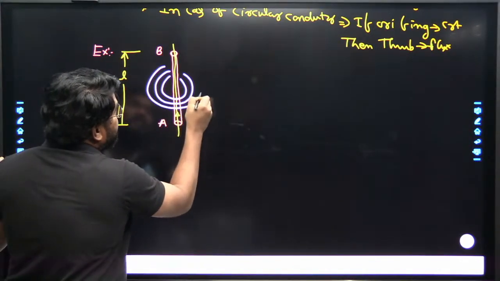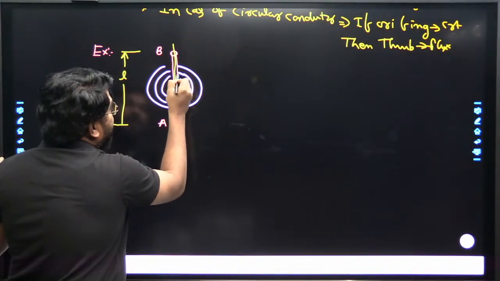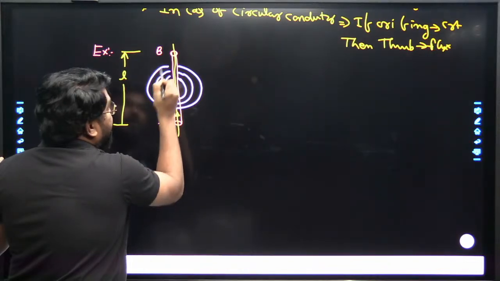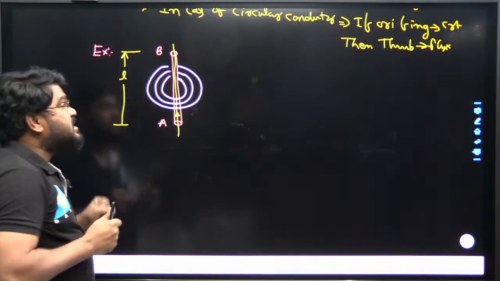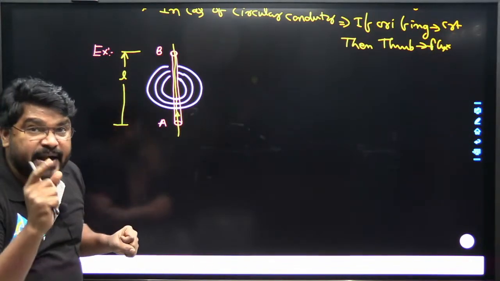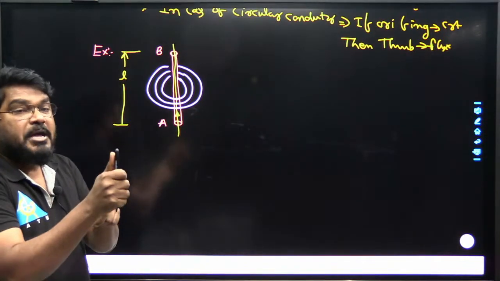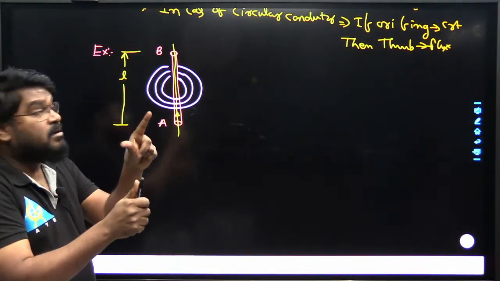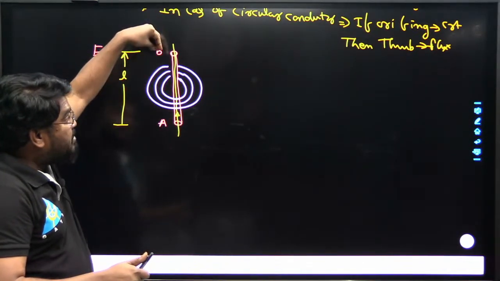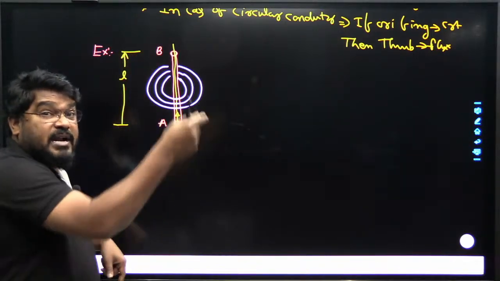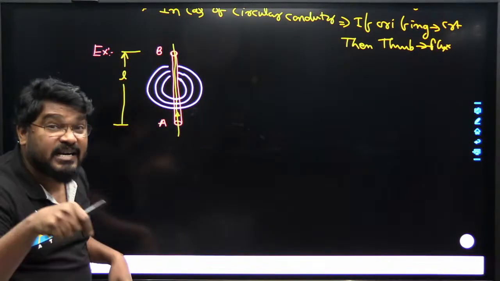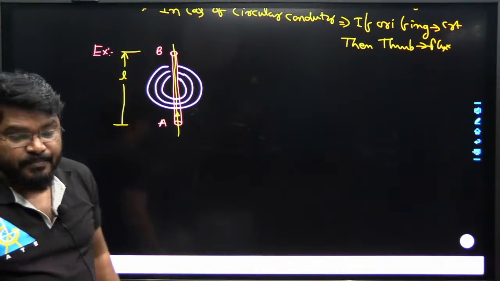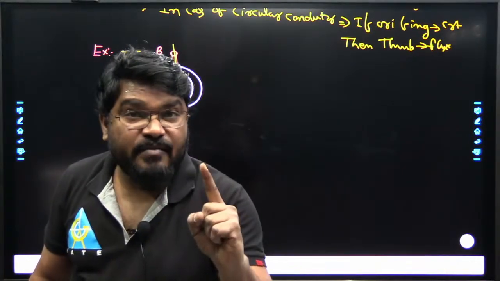How do we find the direction of the magnetic field? If the thumb indicates the current direction, which is upward, what about the flux direction? Is it clockwise or anti-clockwise? Tell me, all of you.